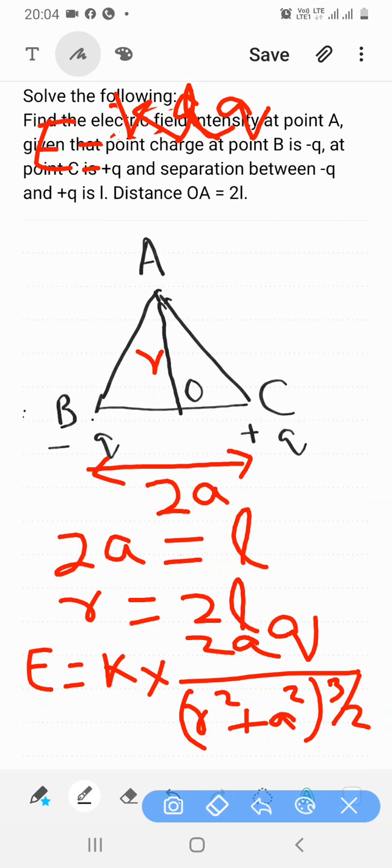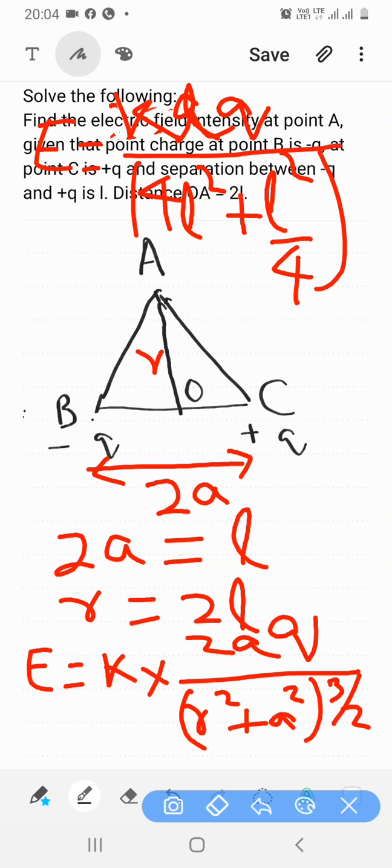K L Q upon R is equal to 2L, so R square is 4L square, plus a is equal to L by 2, so a square is L square by 4, and this whole to the power 3 by 2.